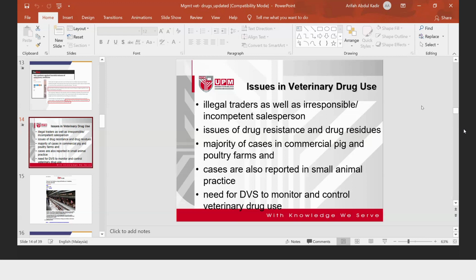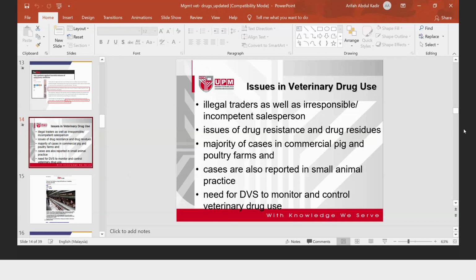But in the act they allow traders to sell drugs, so we have a lot of salespeople who go direct to the farm to sell drugs, not going through a veterinarian. But I think amendments have been proposed and will be done soon.